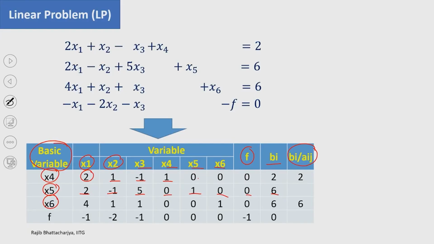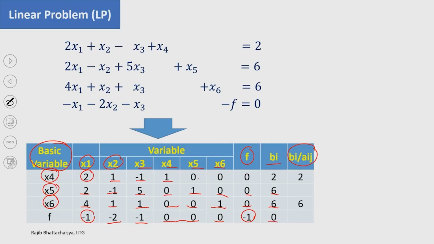And the third equation, that is 4, then 1, 0 0 1, 0 and 6. And the objective function, the coefficient of x 1 is minus 1, this is minus 2, minus 1, 0 0 0, and this is f, which is minus 1, and this is 0.